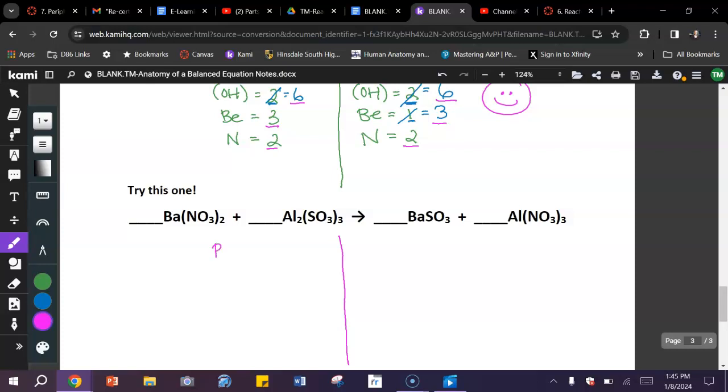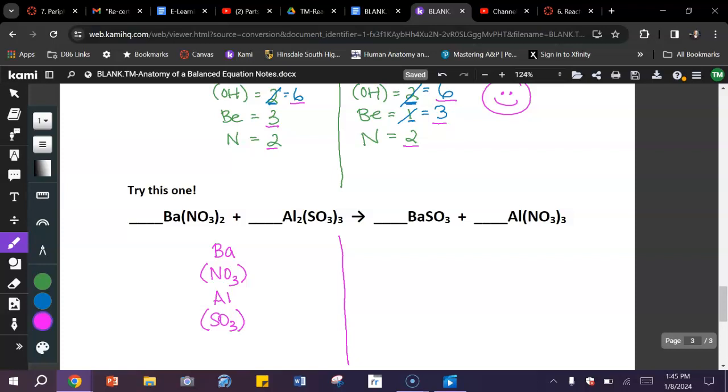I have barium. I have NO3 in parentheses, so I'm going to keep it together, NO3. I have aluminum. And in parentheses again, I have SO3. So you can see, I'm not counting the oxygen separately.